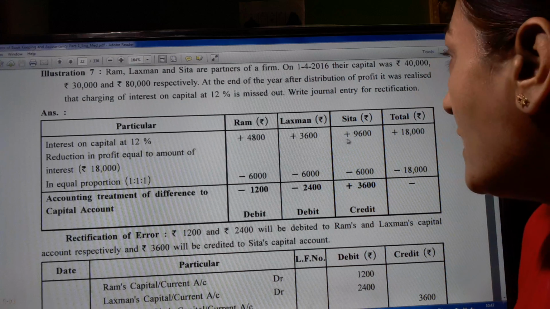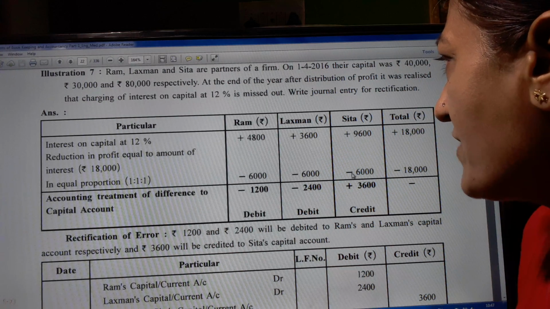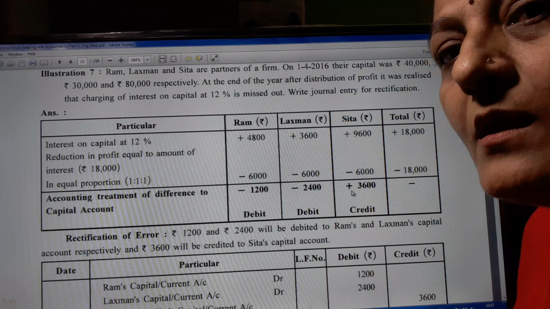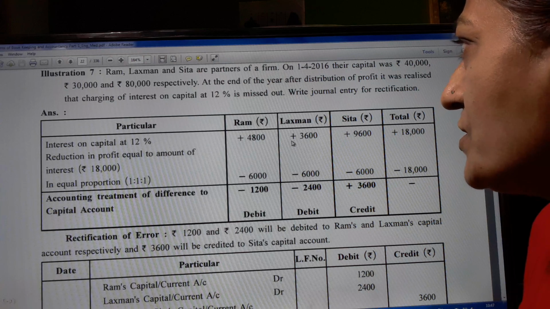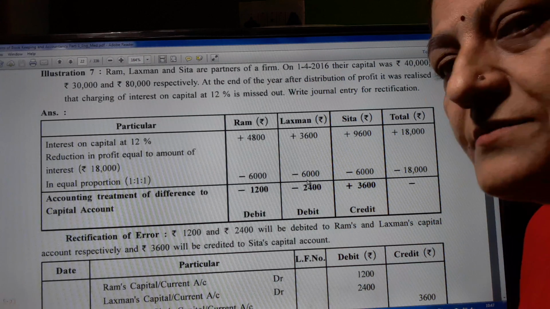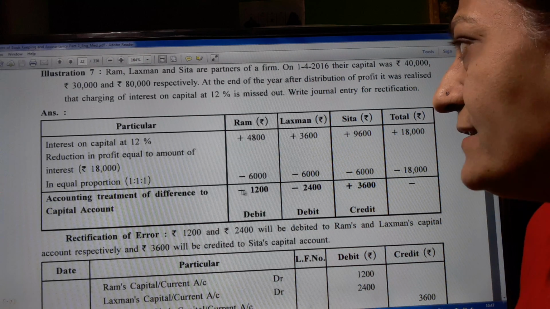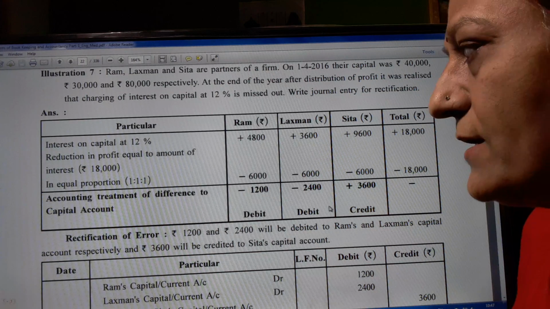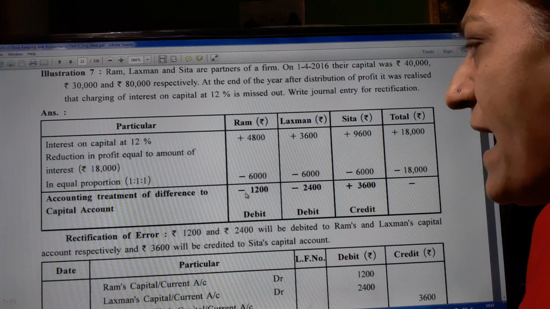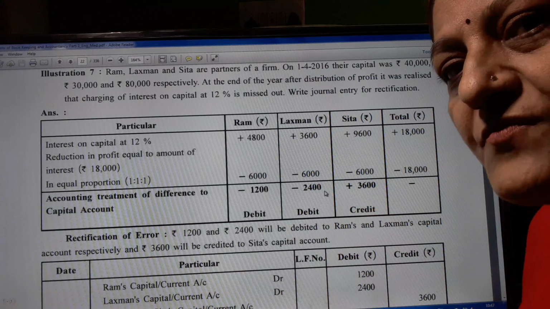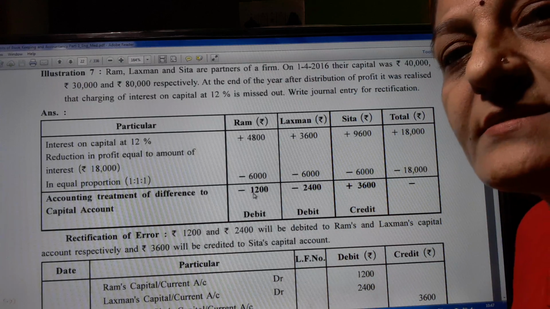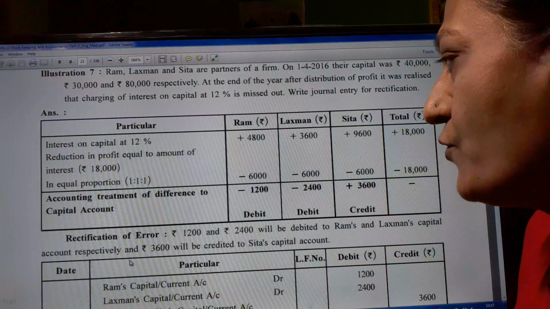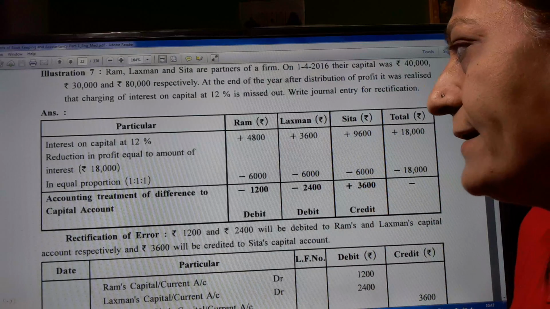When there is an excess amount, we get a positive amount, and when 3,600 minus 6,000, then we get a negative amount. When there is a minus amount, then we have to write it in the debit column. Now minus 1,200, minus 2,400 and plus 3,600, we have to write the rectification entries for this.